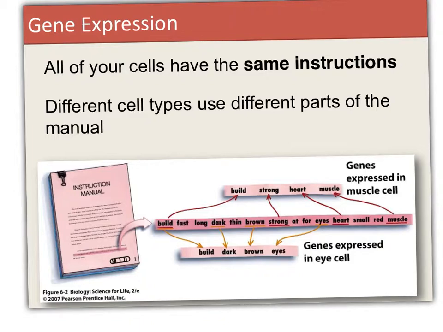But let's say you have muscle, then you've got genes that are going to affect the muscle, the heart, which is a muscle also. Let's say building muscle. So you start working out, you're going to have gene expression there. The same thing goes with, let's say, eyes, that kind of stuff.